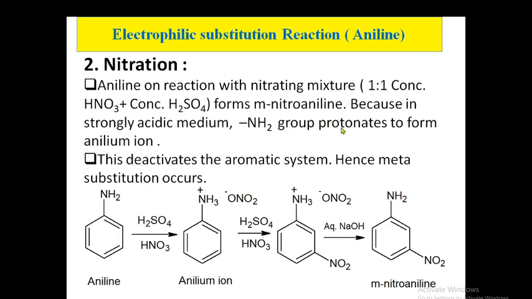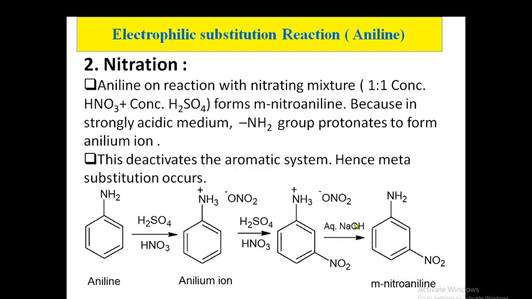Because this NH2 group undergoes protonation in strongly acidic medium. So there is a formation of the anilium ion, and now this anilium ion becomes electron withdrawing, and an electron withdrawing group deactivates this aromatic system, and therefore you will get the meta substitution, and therefore the product you are getting here is meta-nitroaniline.